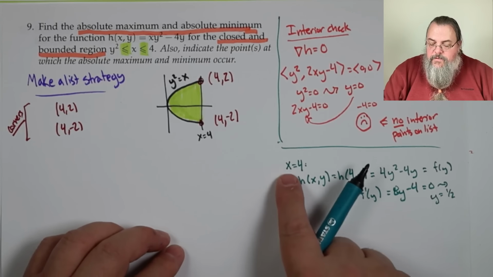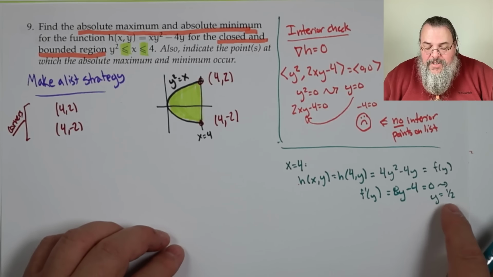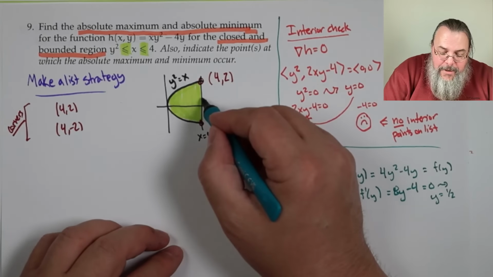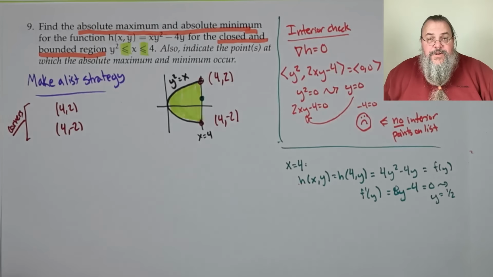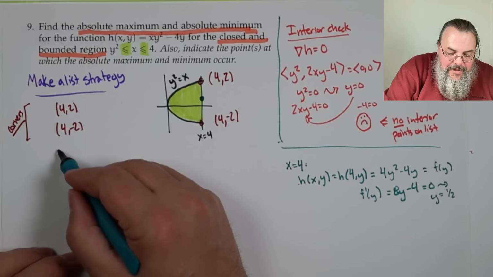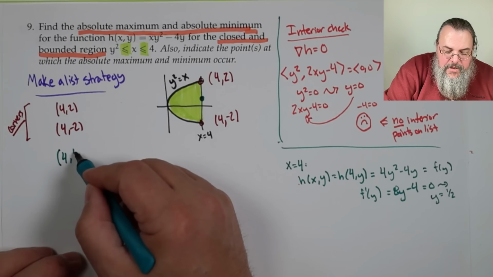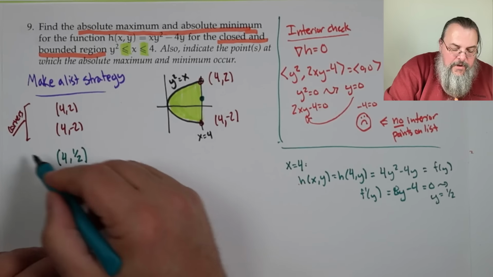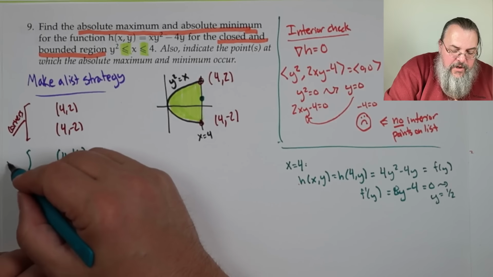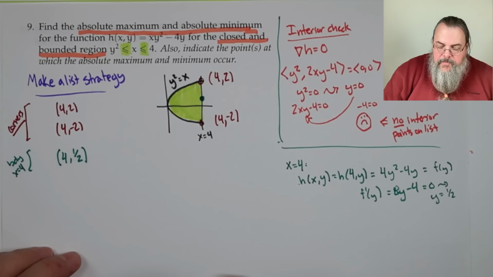So at x equals 4, there's a potential at y equals 1/2. Well, that would be roughly here. Do we need to include it? Yes, it's a potential place. So that's on our list. So here, we'll throw in (4, 1/2). Okay, so this is the boundary of x equals 4.